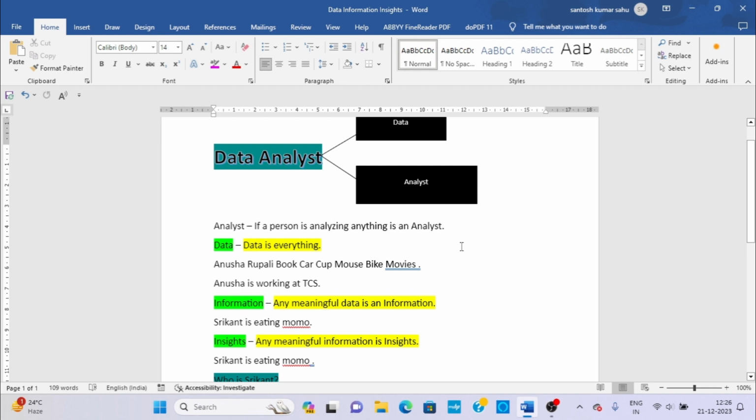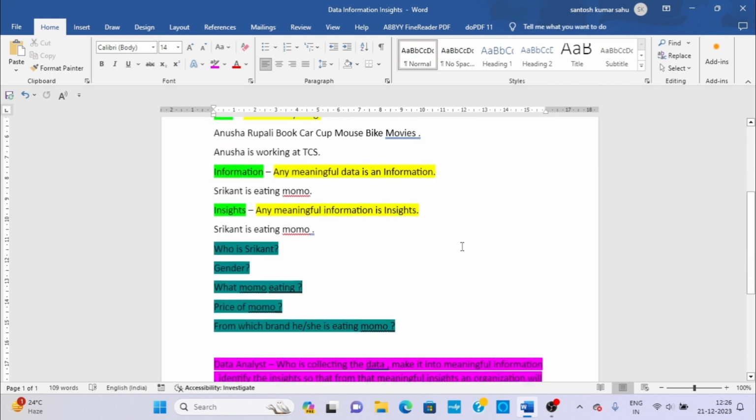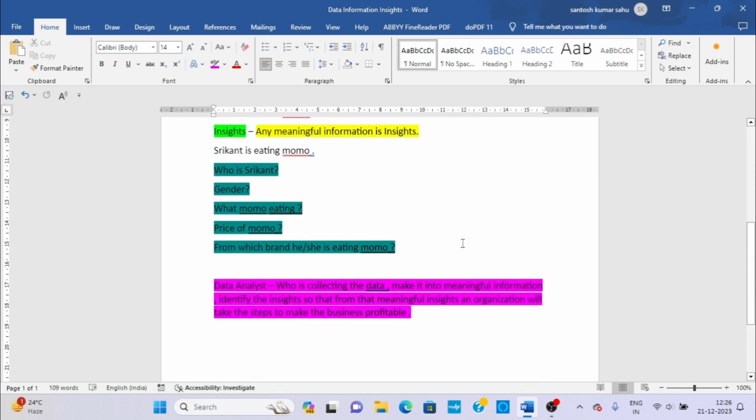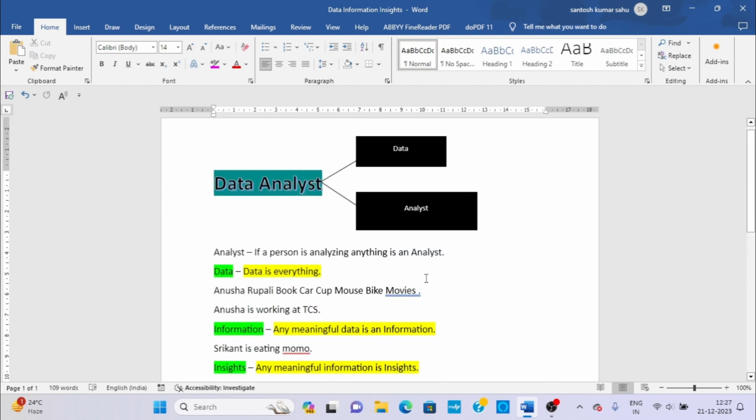You can also expect questions like: state the difference between data, information and insights. You can expect these from any recruiter when you attend interviews for data analytics roles.